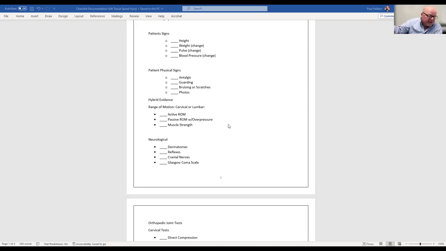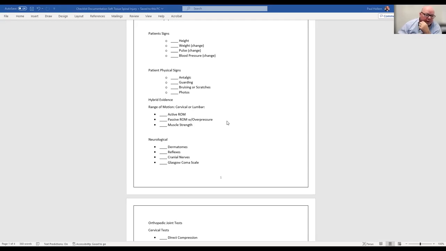Remember how ranges of motion are affected first, further out, and the worse they get, it starts decreasing the active range of motion closer in. So are we going to have passive over pressure range of motion problems? Almost definitely. And in the left and right lateral flexion plane of motion, that's where you're definitely going to find them.